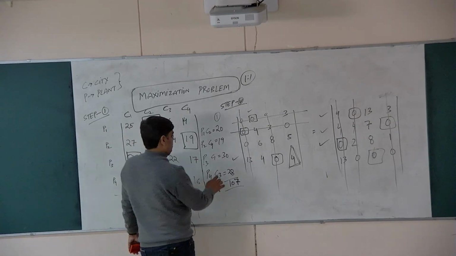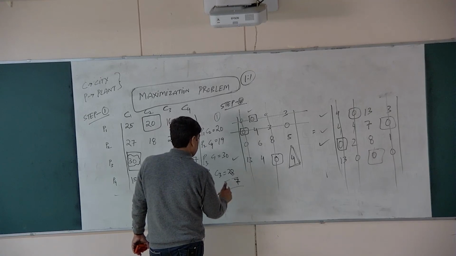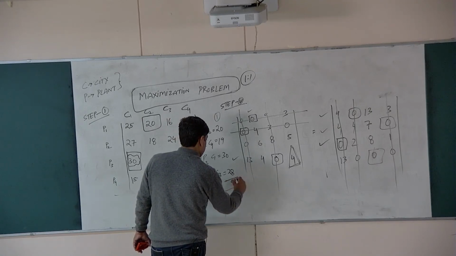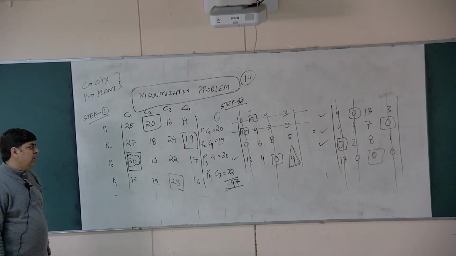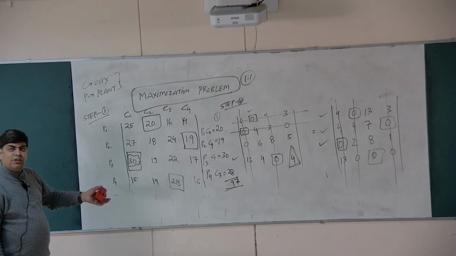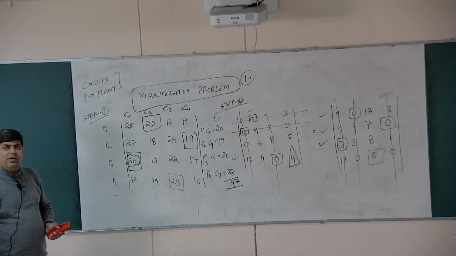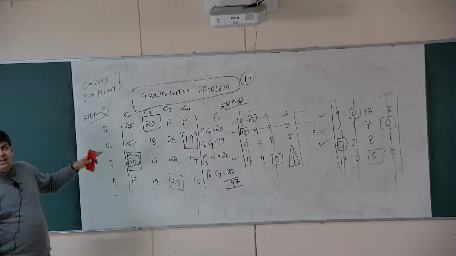Yes, 97. So this is how the optimal assignment has been carried out, and the 97 million rupees or whatever units is the revenue that can be generated. That is the maximum revenue that can be generated by carrying out this optimal assignment.